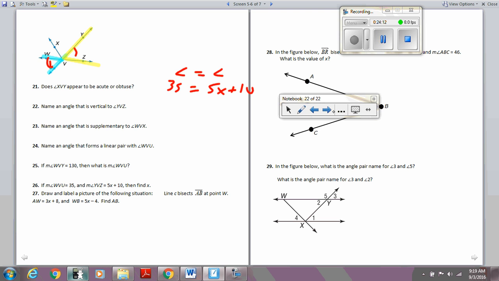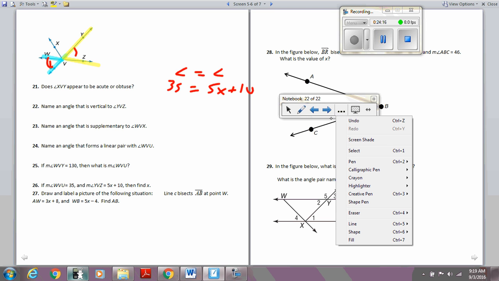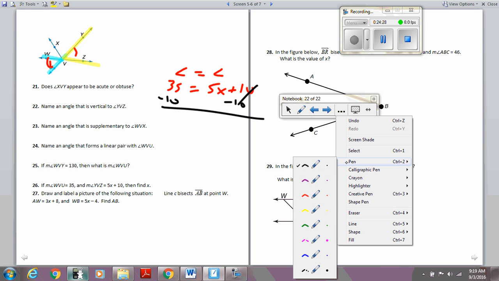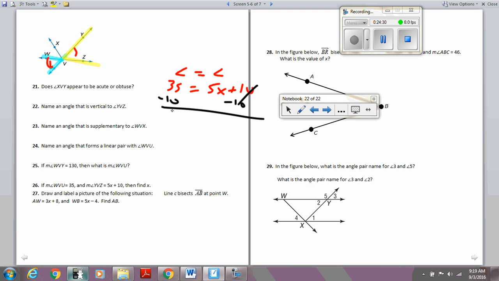And now we can solve for x. First thing I would do is subtract 10 from both sides. Which would leave me with 25 is equal to 5x. Then divide both sides by 5, and you would have 5 is equal to x. Boom.